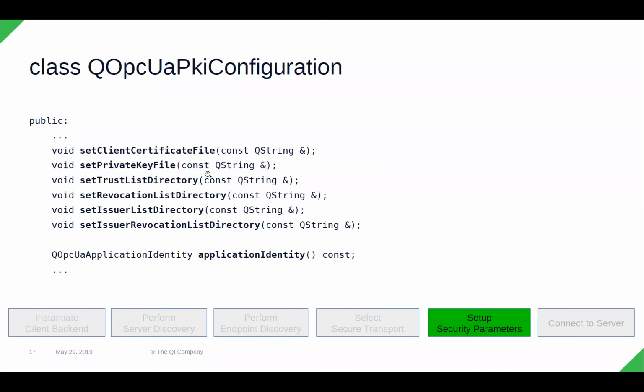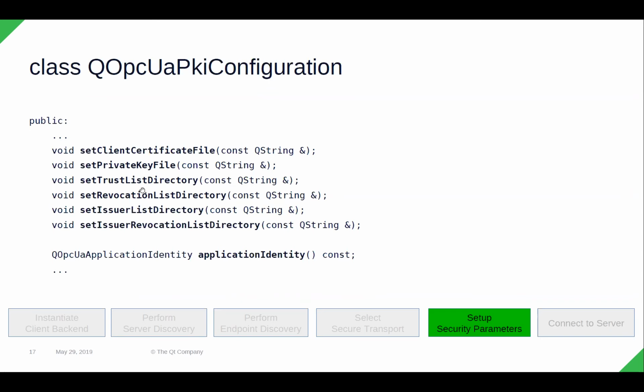And for that, the public key infrastructure configuration has to be set with some parameters. First of all, of course, the client certificate, which we'll use to actually authenticate your client against the server. Then the private key file to make the client able to sign requests from the server.